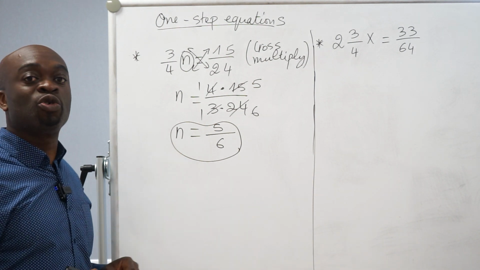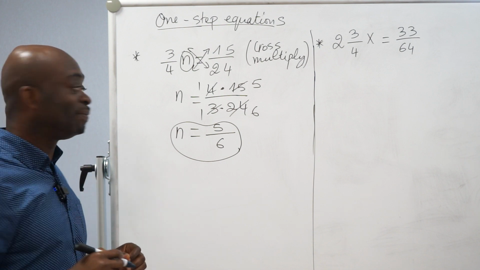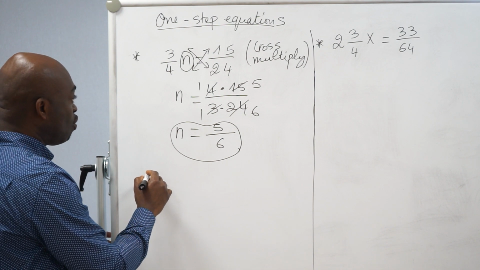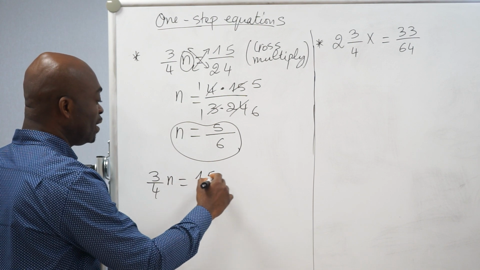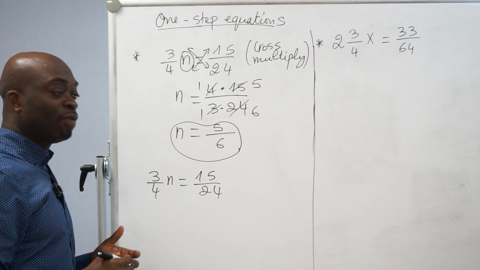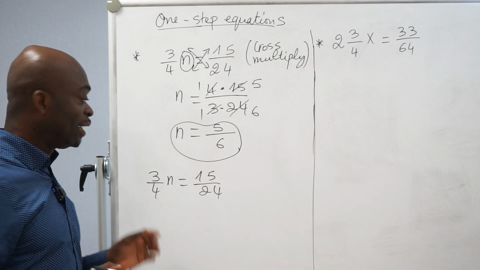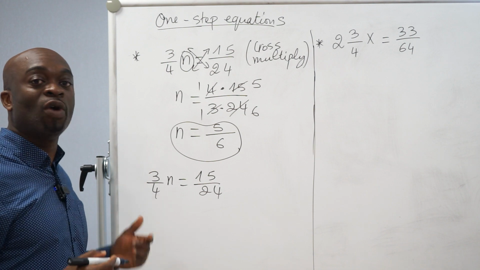However, let me show you quickly another way of doing that since I spoke about it. Let me just give you one more. So we have 3/4 n equals 15 over 24. One way of doing that is by multiplying both sides by the reciprocal of what you want to cancel.